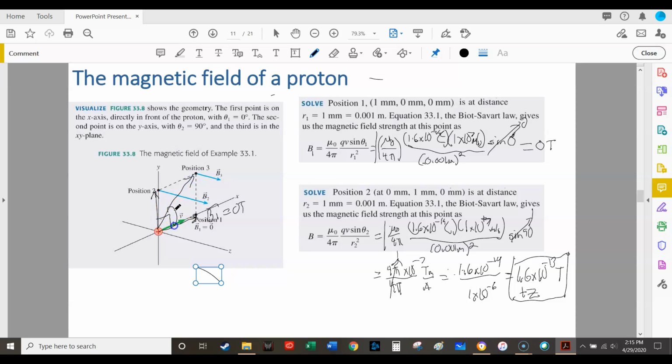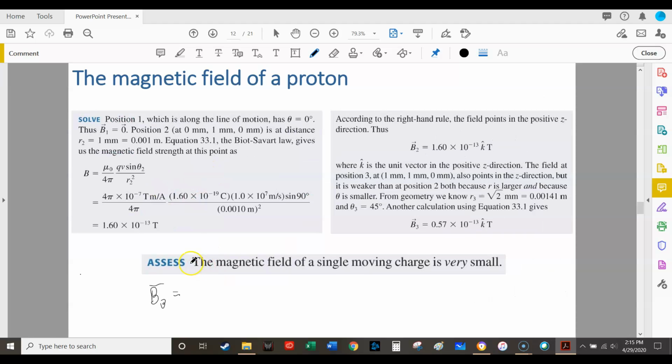That makes an angle of 45 degrees to that point, okay? And that's going to be important, okay? So B3 is making an angle of 45 degrees to the direction that the object is moving, right?